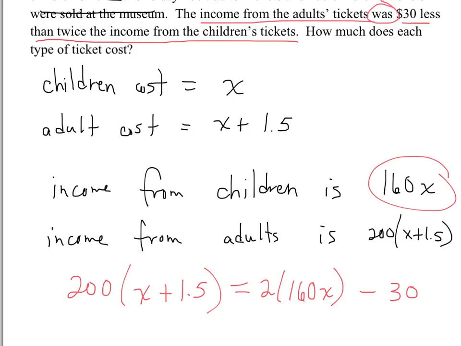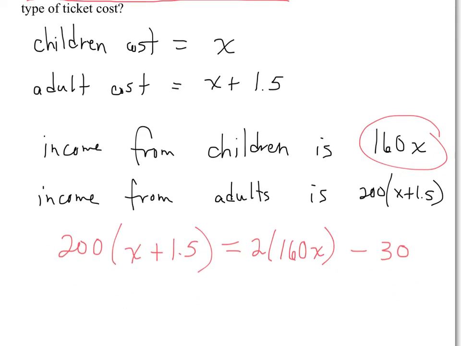Okay, I'm going to leave that for you to solve and tell you that you'll get x equals $2.75. So what was x in the beginning? Go back to your let statements. What was x in the beginning? Well? Children's cost. So the children's ticket is $2.75.